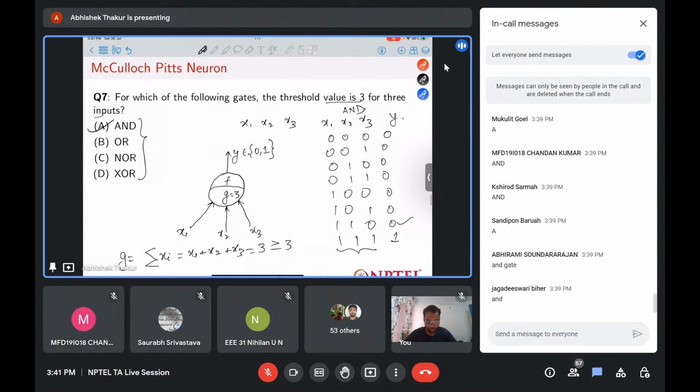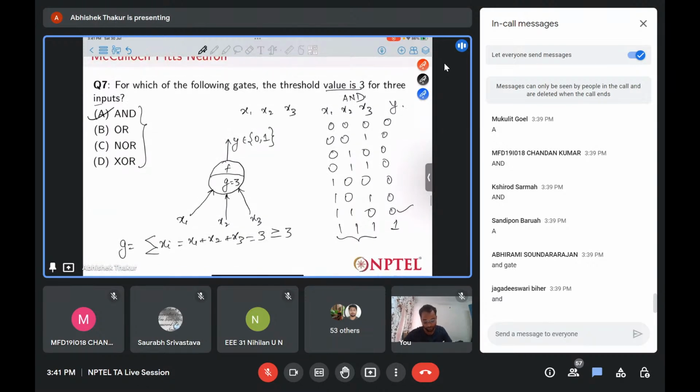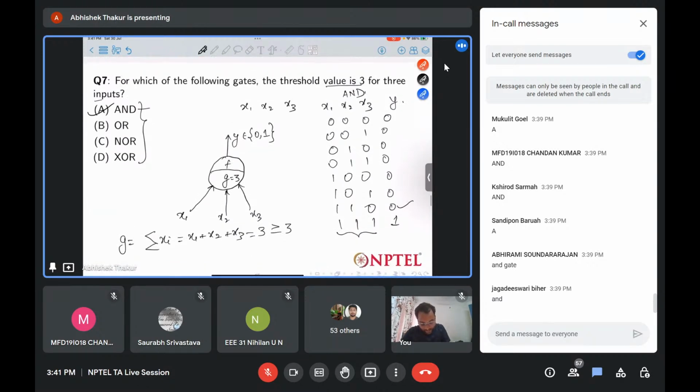One more thing I would like to ask all of you. For the AND gate, the threshold is 3. For the OR gate, what will be the threshold? Okay, 1.